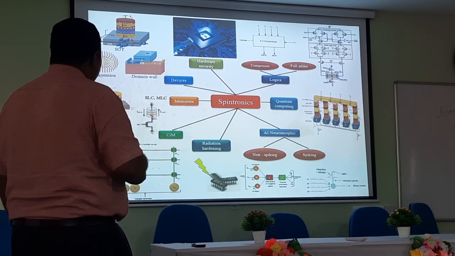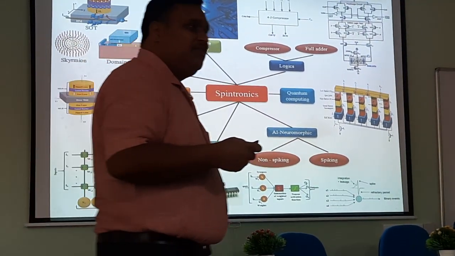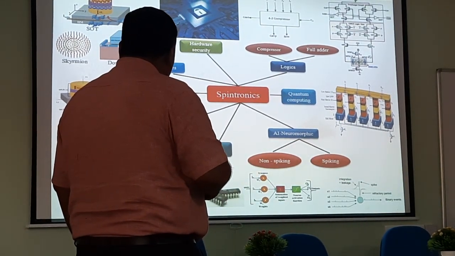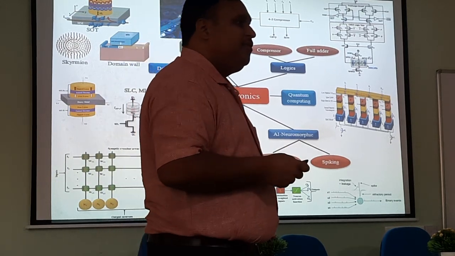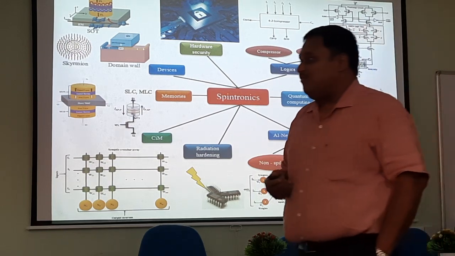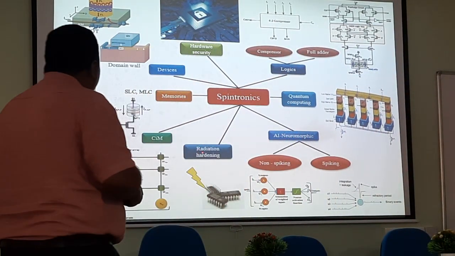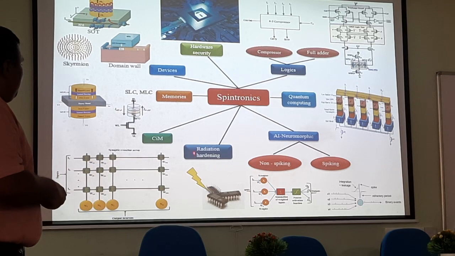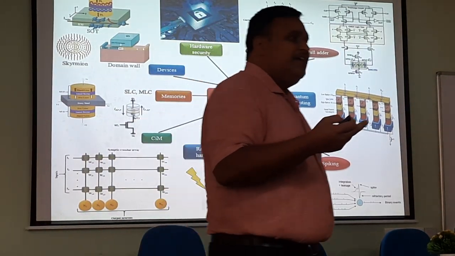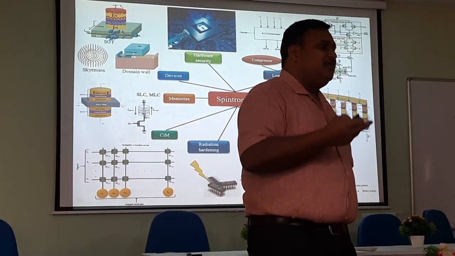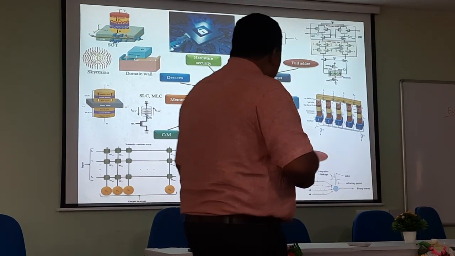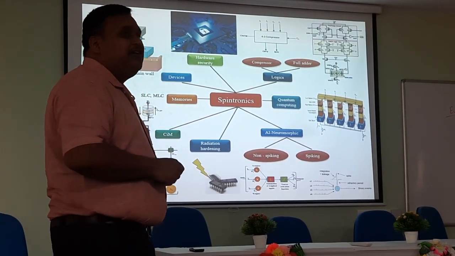When you go to memories, you have single-level cell memory, you have multi-level cell memory, and then of course a lot of computing-in-memory kind of stuff that can be done using these spin devices, which can be really fantastic as far as performance is concerned. In the spintronics area, because you use only magnetic materials, they are not very much affected by electron charges, and inherently they are very much radiation hardened also.